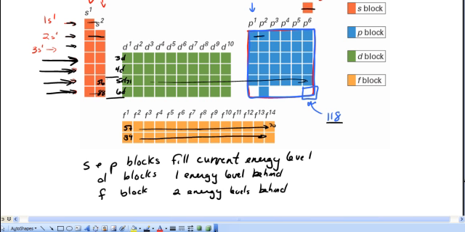So the electron configuration, starting at the top, would be 1s2, 2s2, go across, 2p6, 3s2, 3p6, 4s2. Now you're in the D block, that's one energy level behind.